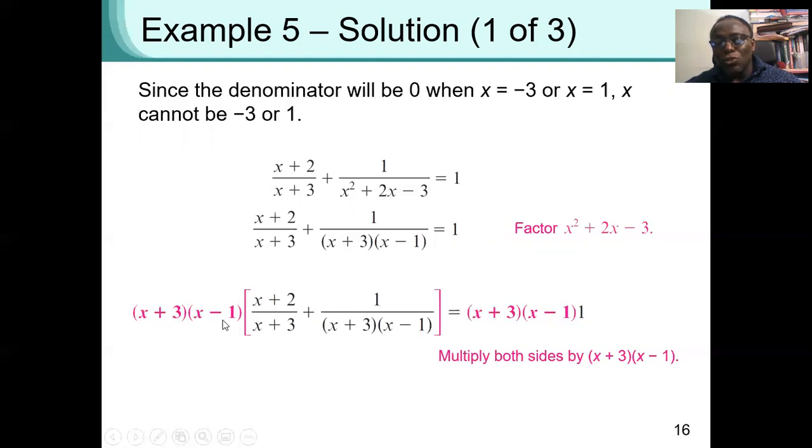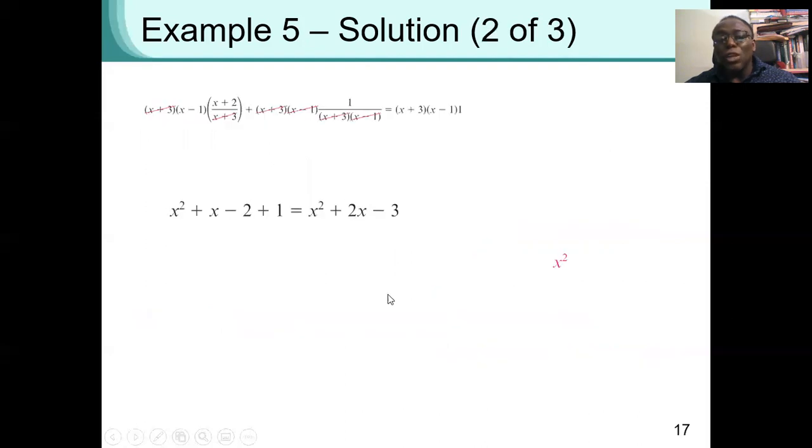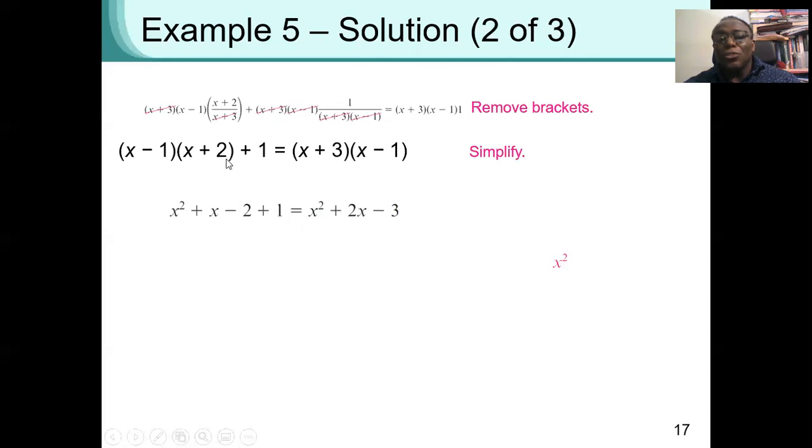So we get s minus 1 times s plus 2 equal to s plus 3 times s minus 1 times 1, which will give us the same s plus 3 times s minus 1. And that's what we have here. Later we multiply everything, remove the parentheses. So we remove the bracket by multiplying. That's why we get this.